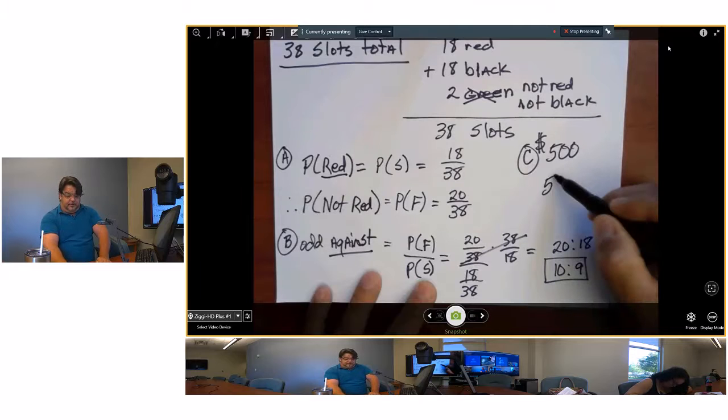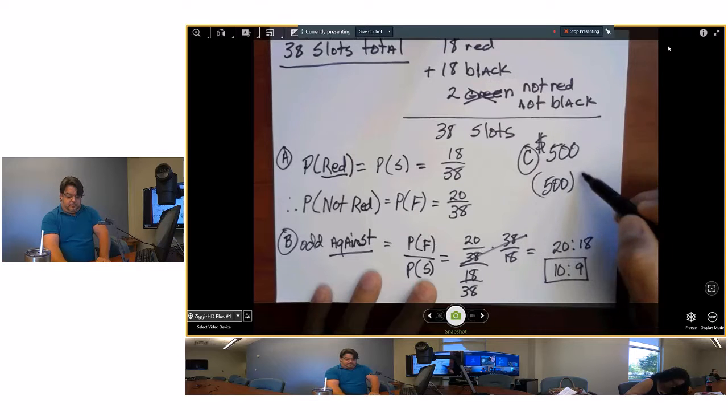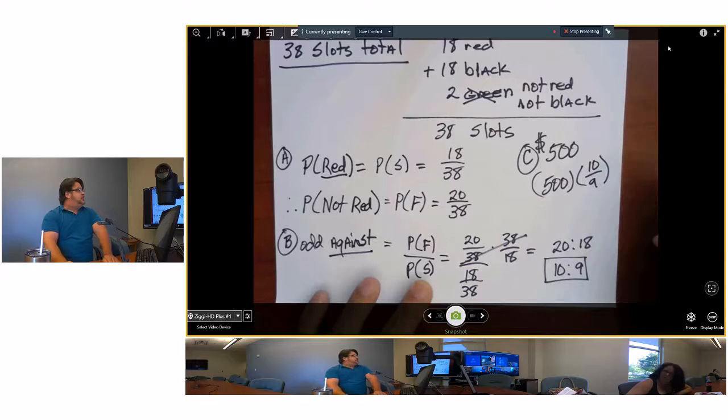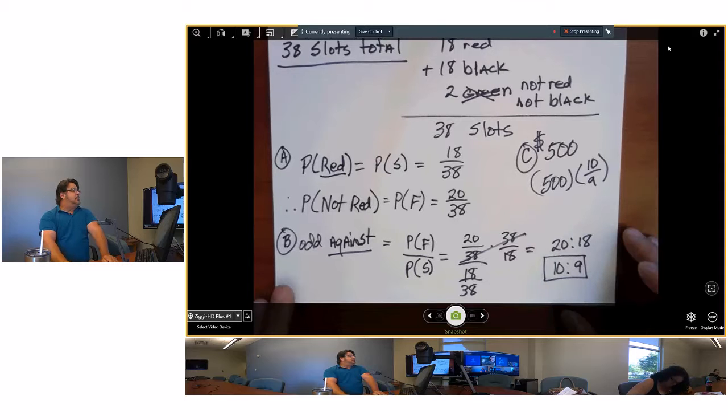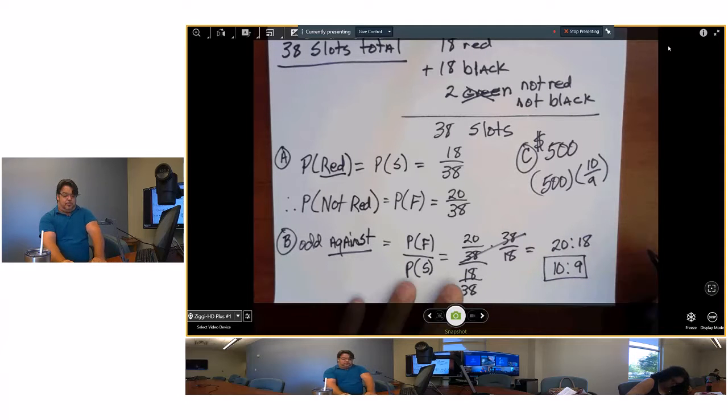That would be 500 times what? 10 over 9. Remember us doing the recipe with the cookies? And you just multiply by the constant. Well, here you multiply by the constant, which is 10 over 9. Now take your calculator and take 1 and 1/9 and multiply it by 500, or 10/9 times 500. What do you get?